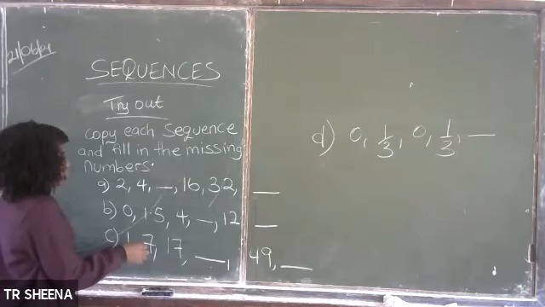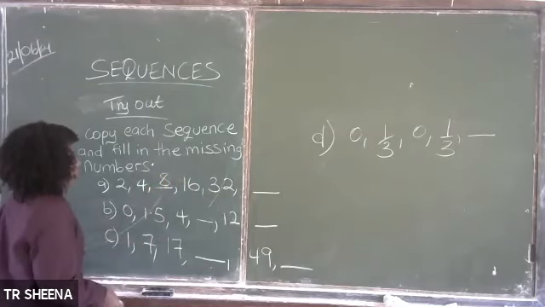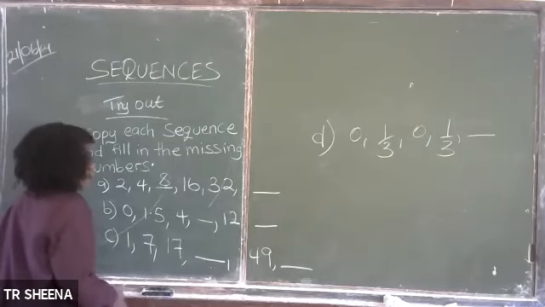Added plus 2. And for the next one, I added plus 4 to get 8. Then the next I added even numbers.